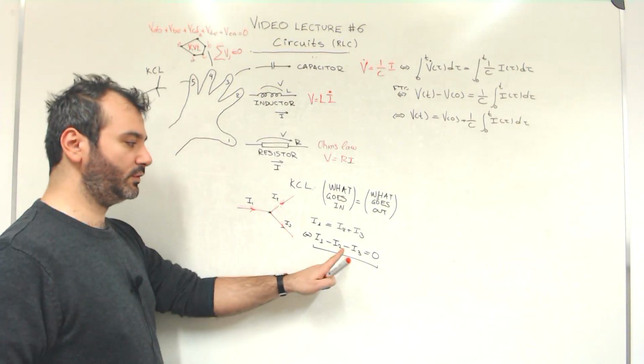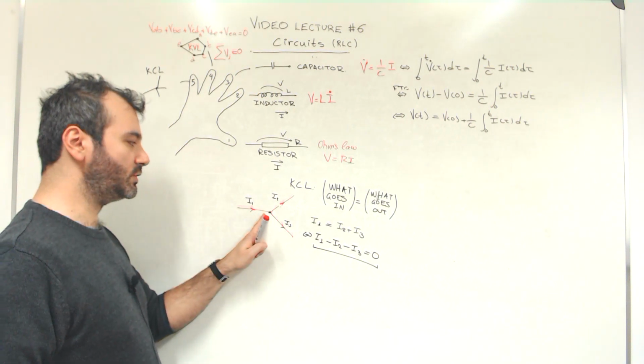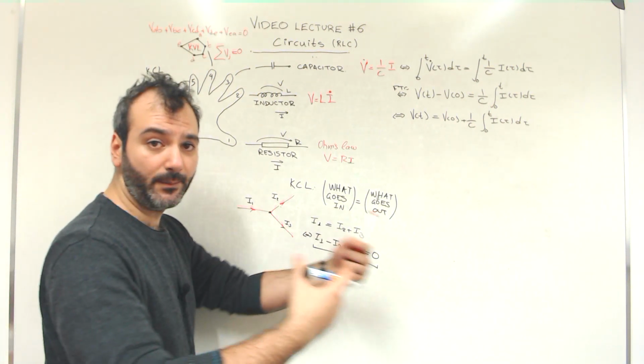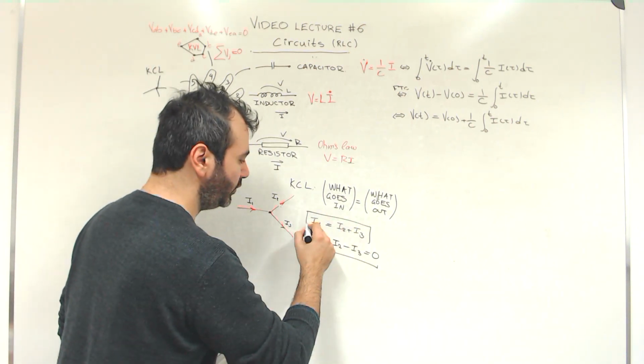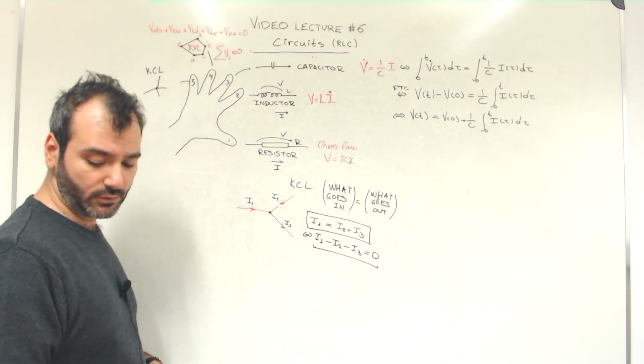Several books write it like that. This is plus I1 because it goes inside towards the meeting point, and these are minus because they depart from the meeting point, but these are equivalent. I think it's more convenient to think of it like that. What goes in is equal to what goes out.